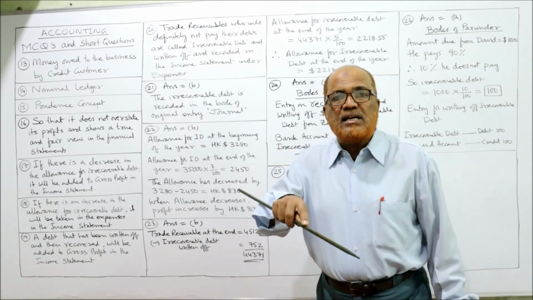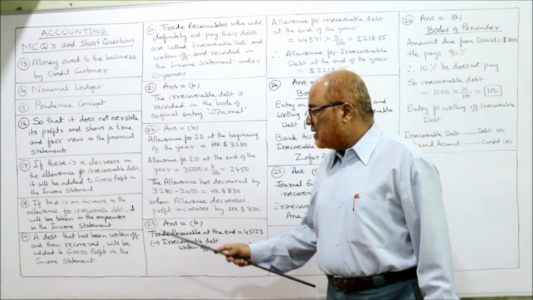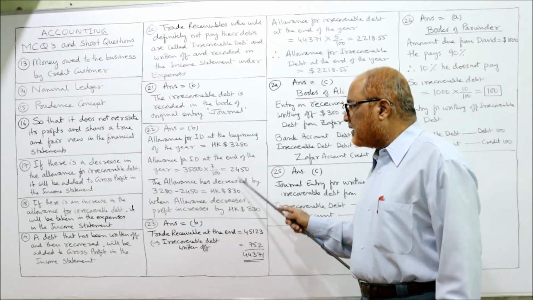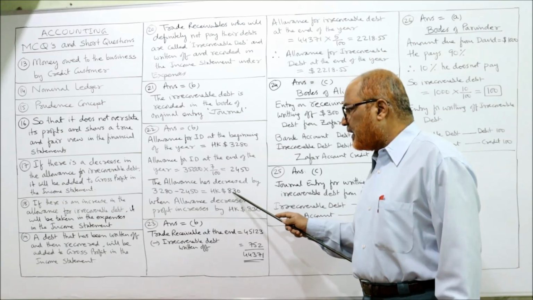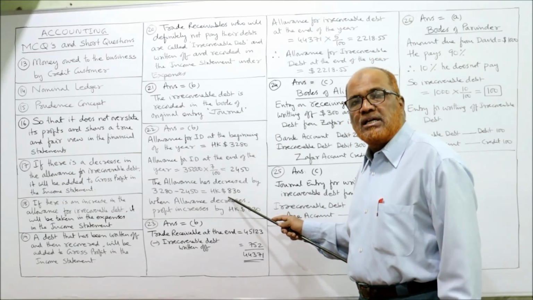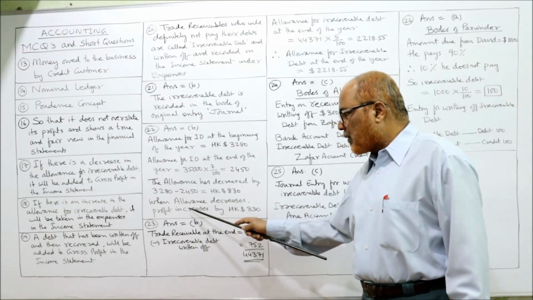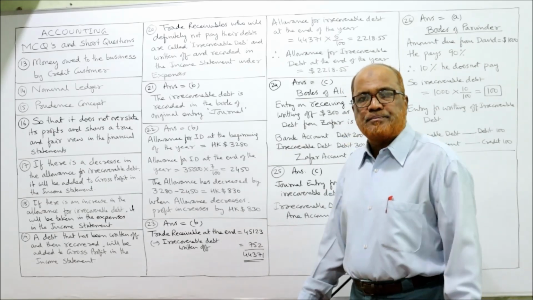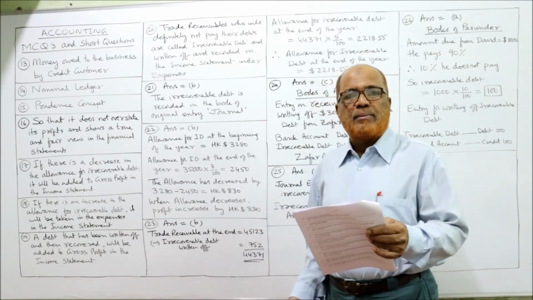When there is a decrease in allowance, the profit will increase. 3,280 minus 2,450 gives 830. So our profit will increase by Hong Kong dollar 830. That's it, 22nd over.